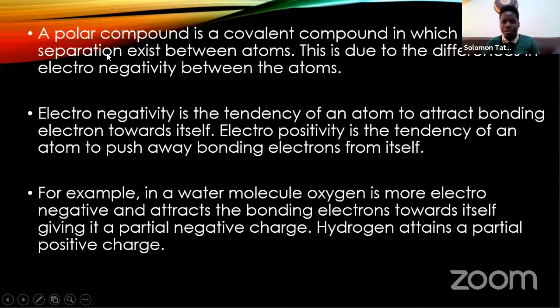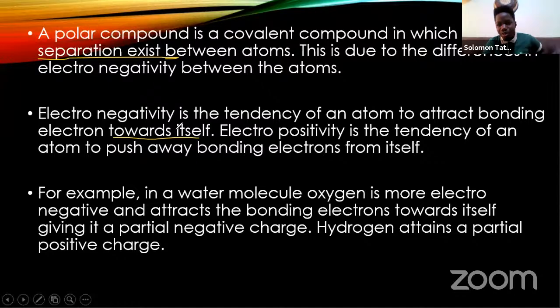The charges separate so that each charge can attract the opposite charge from the solute, which is the ionic compound. Electronegativity is the tendency of an atom to attract bonding electrons towards itself.